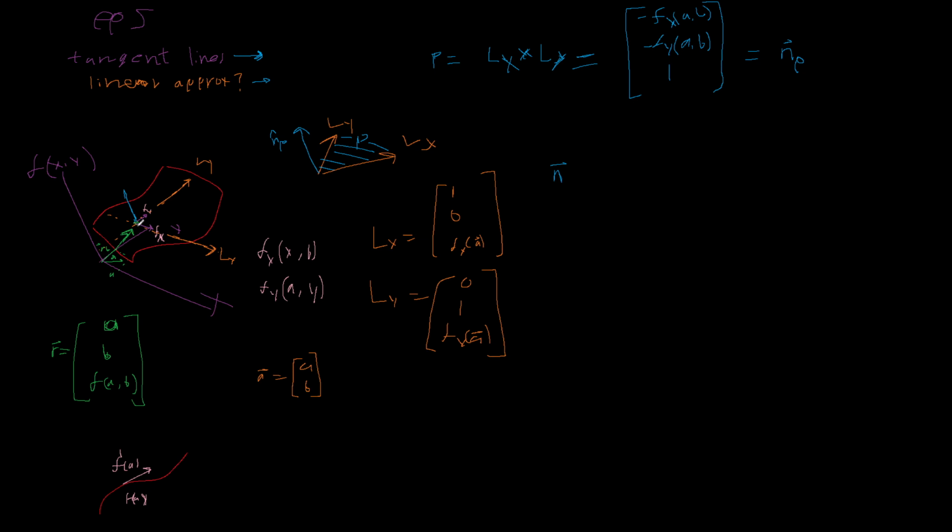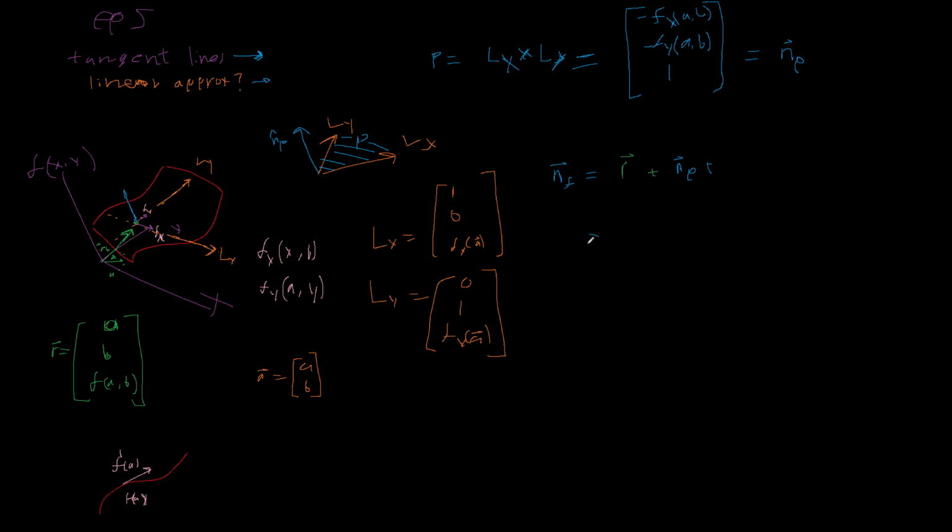Does that make sense? So the normal line to f is equal to r plus the normal of this plane times t, because we're parameterizing this.